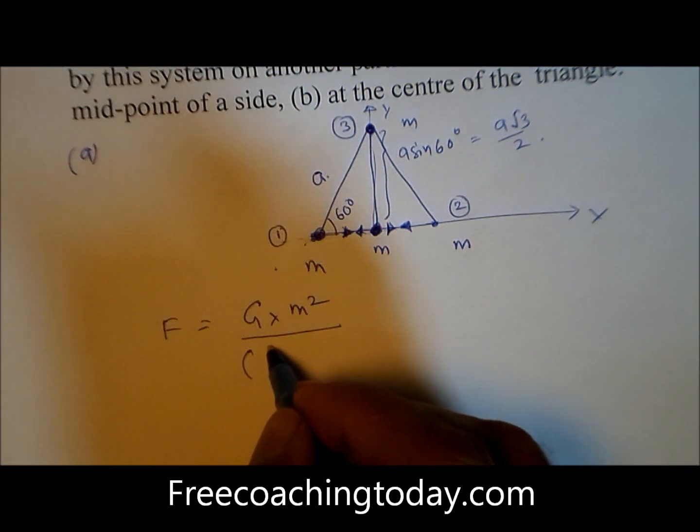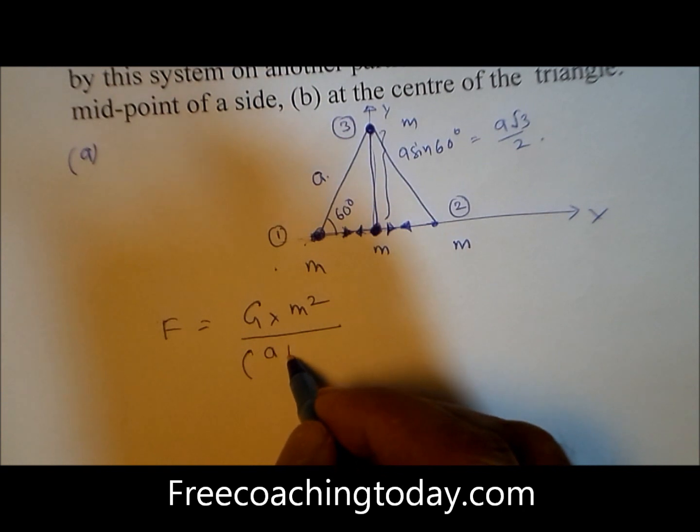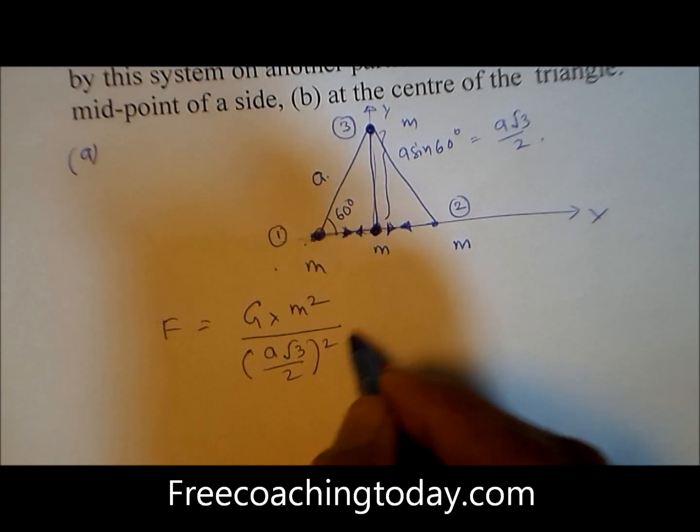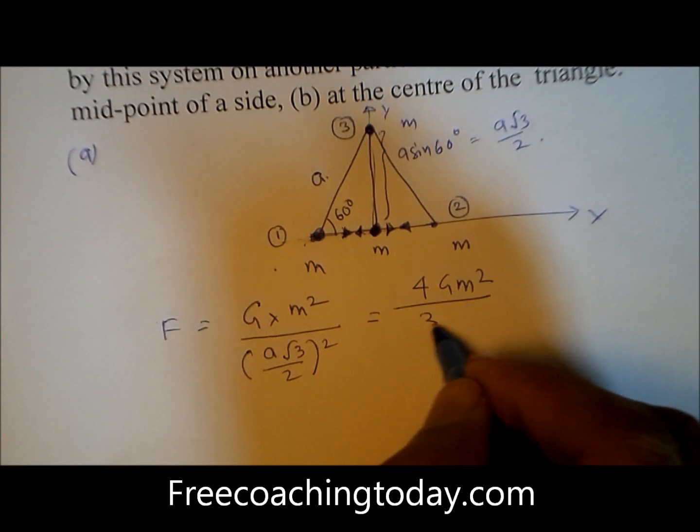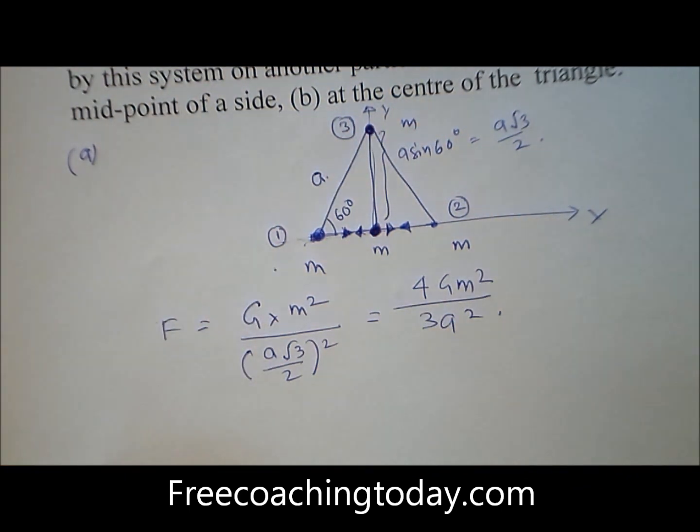So our distance is a times root 3 divided by 2, whole squared, giving 4Gm square divided by 3a square.